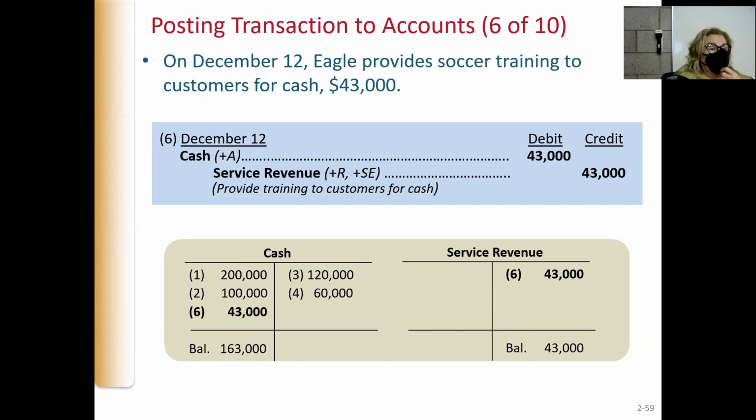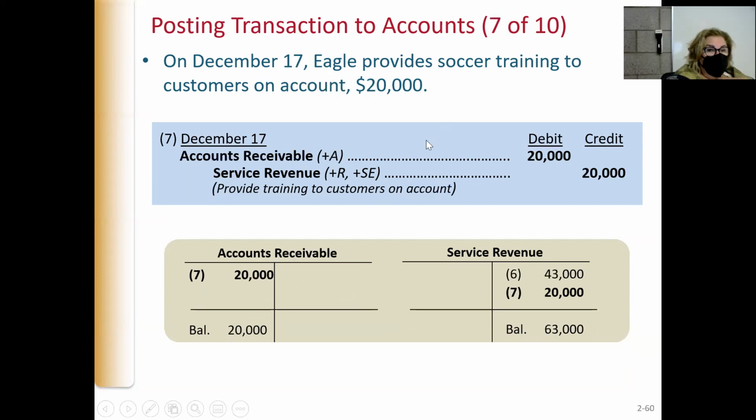Do you see how our debits equal our credits? When Eagle provides soccer training to customers on account, we didn't get the cash yet, but we debit our accounts receivable and we credit our service revenue. Our debits still equal our credits on this transaction, don't they?